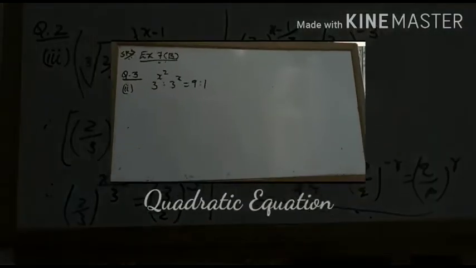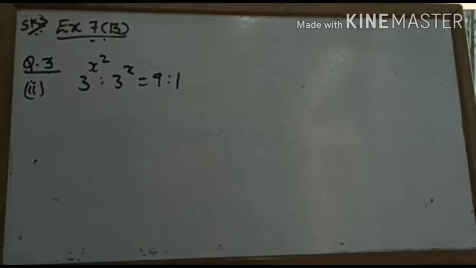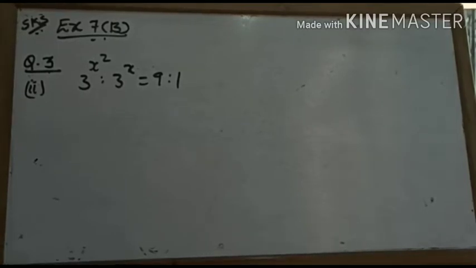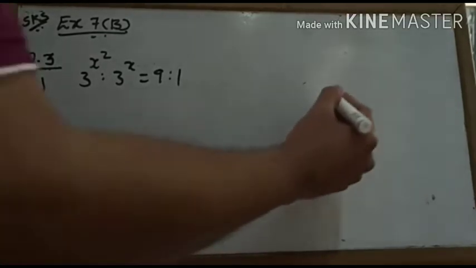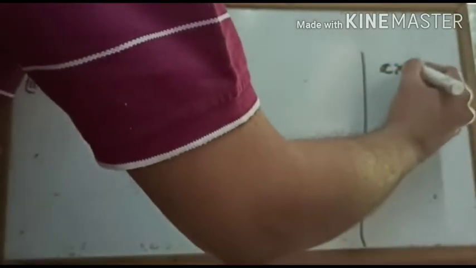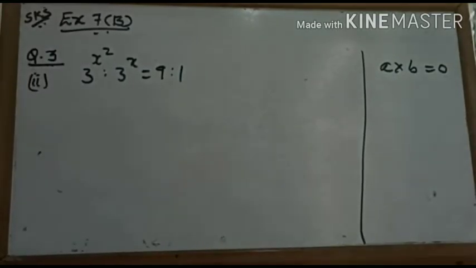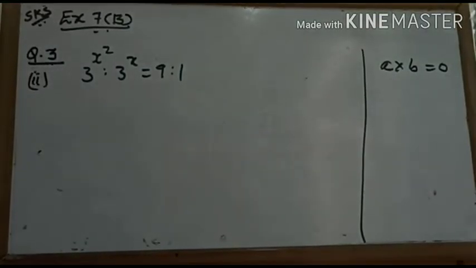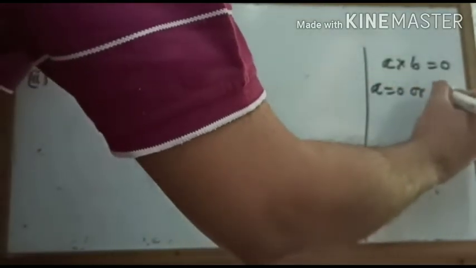We are going to see a super special question. And why do I call it super special? Not because it is a difficult one, but because it has two applications. One application is based on chapter number 5, factorization. And the second application is based on the product of two numbers being 0. We discussed in one of the earlier videos that if the product of two numbers is 0, that means a into b equals 0, then either the first number is equal to 0 or the second number is equal to 0.